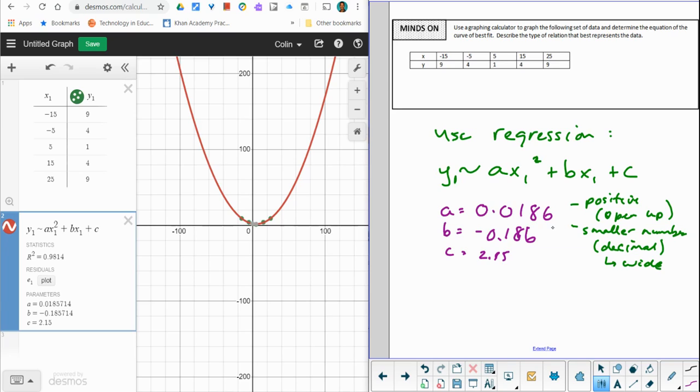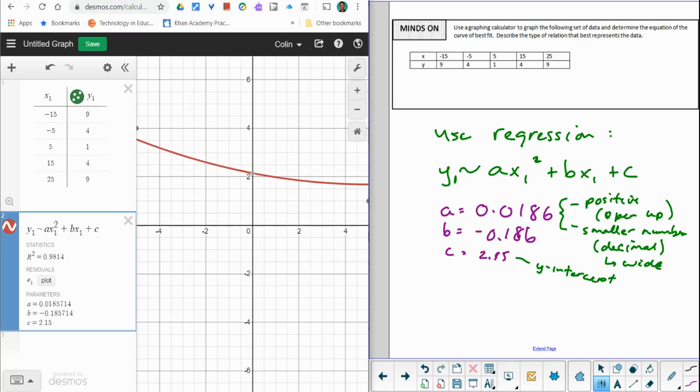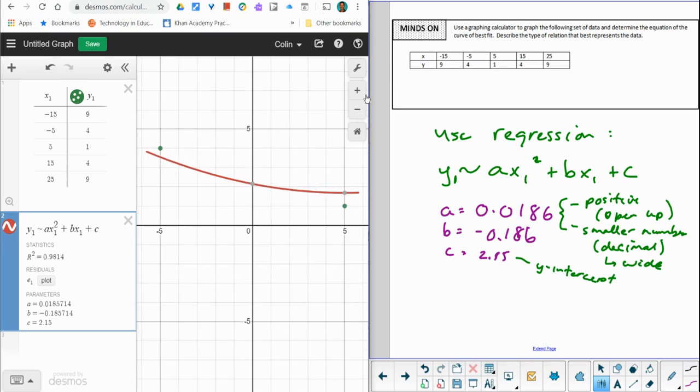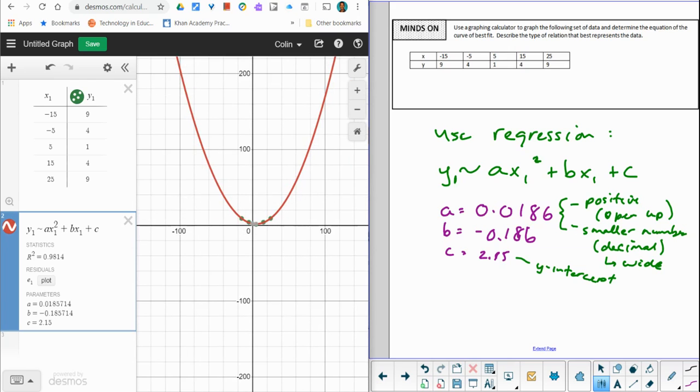B doesn't tell us a whole lot, but C tells us the y-intercept. If we were to zoom far in, we would see that it's 2.15, just over the 2. So that's actually interesting to know for this lesson today.